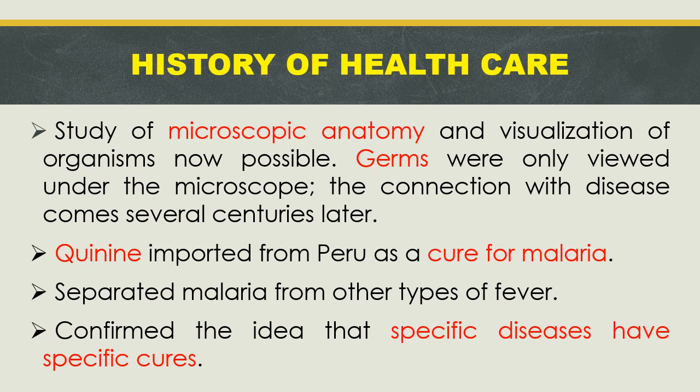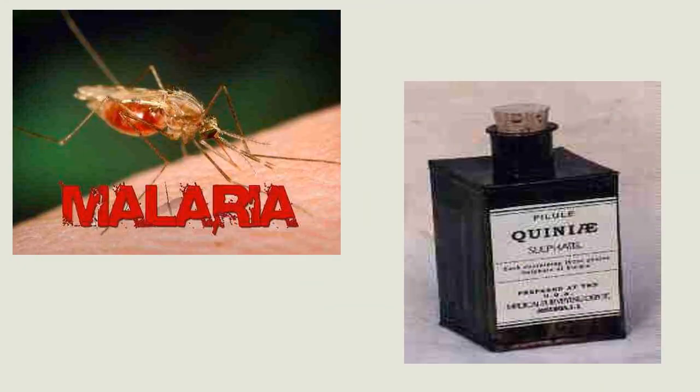So ayan, nagkaroon na ng idea that some diseases have specific cures, that for example, itong quinine cannot be used to treat the other types of fever, that quinine is only specific as a cure for malaria. So, nagkaroon na ng idea na ganun during the 17th century. So, this is quinine. Ito.